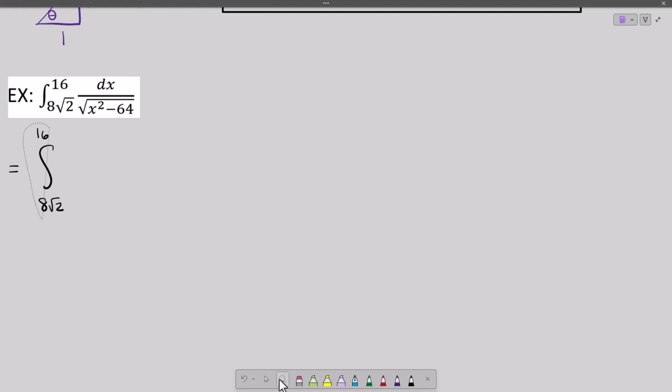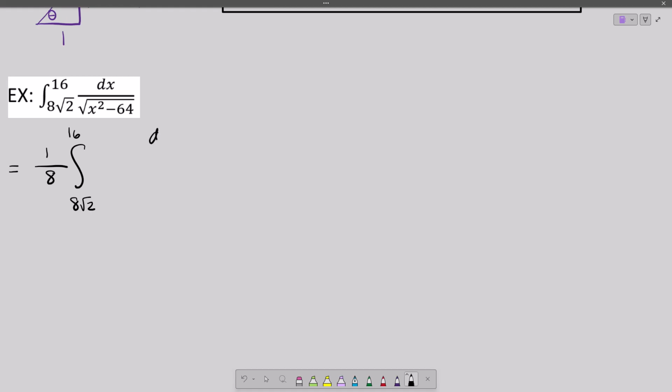So what is coming out of the square root? 64. So it's coming out of the square root and becoming 8. Right? That power, which is a 1/2 power, has to affect that 64. So the 64 comes through the root, numerator or denominator? Denominator. So 1/8.